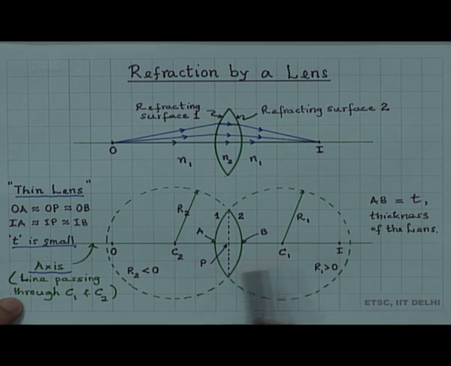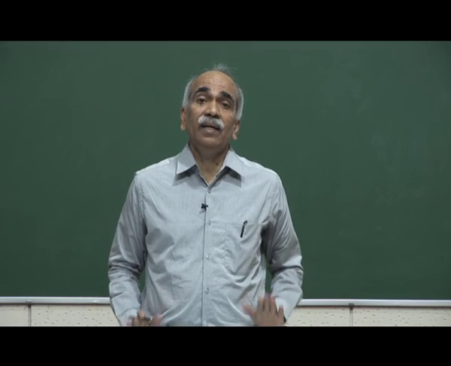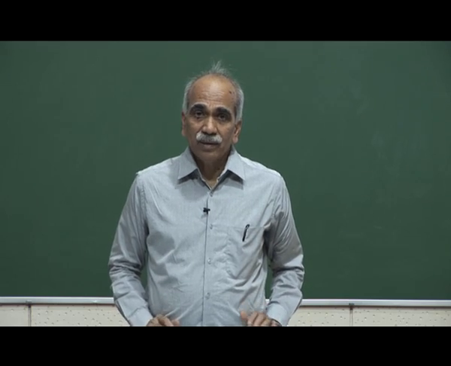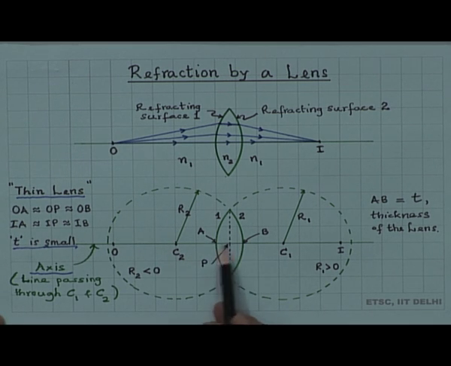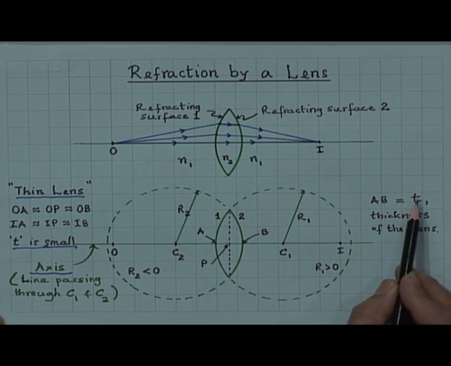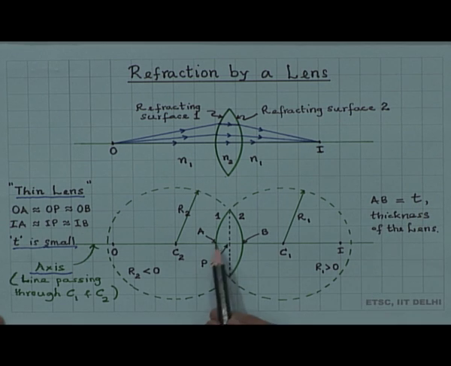So, there is the image point, the object point, and in this course we particularly look at thin lenses. Thin lenses means the separation AB here, A to B, if I call that thickness T, this thickness is very small.